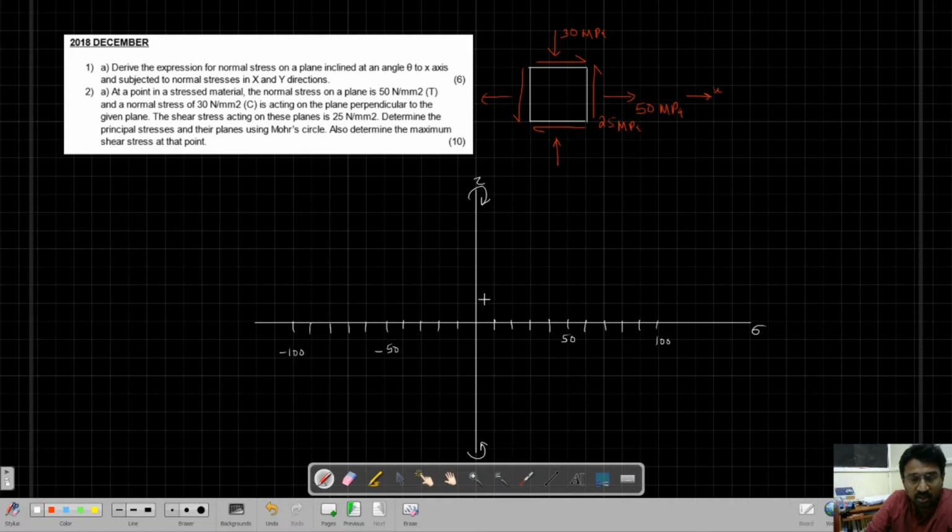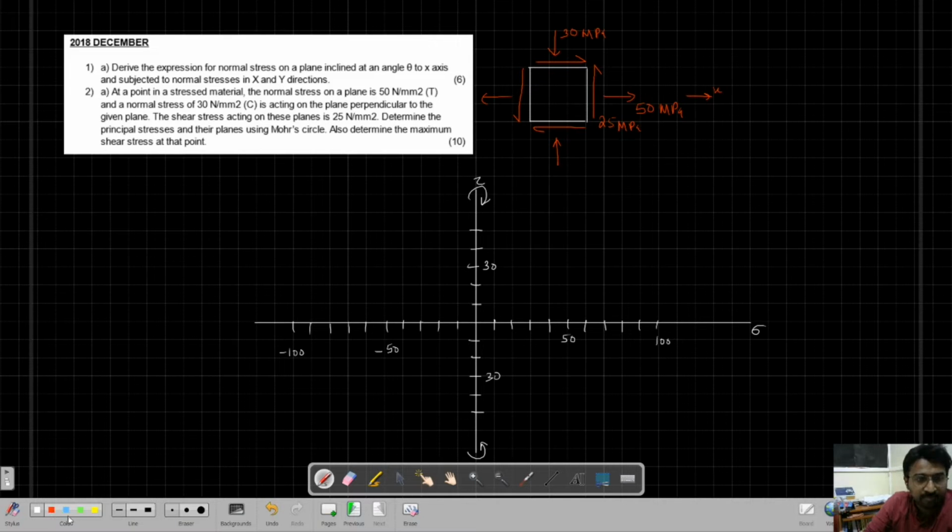Now we have shear stress, anti-clockwise shear stress 10, 20, 30, 40, 50. I am not terming it minus. This means it is clockwise, this means anti-clockwise. So this is the convention that we are going to use.